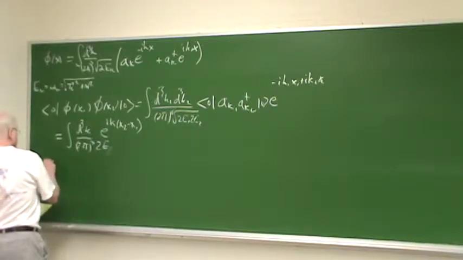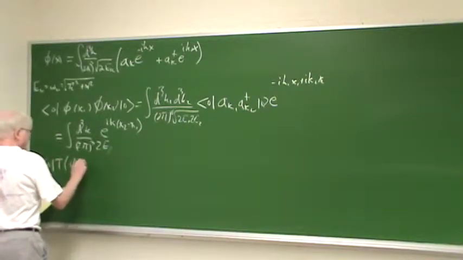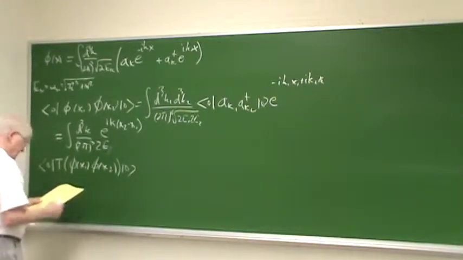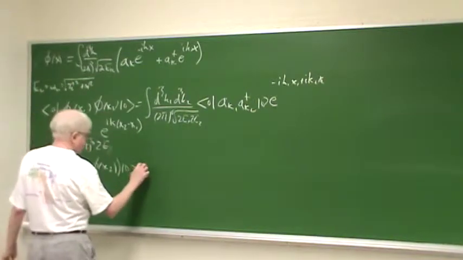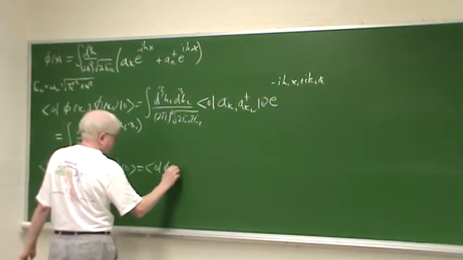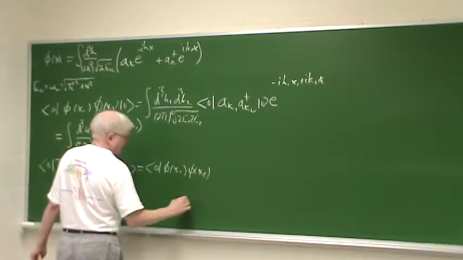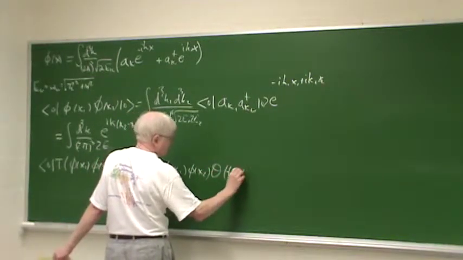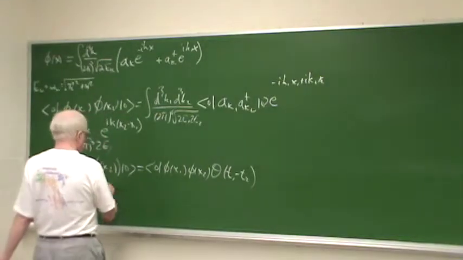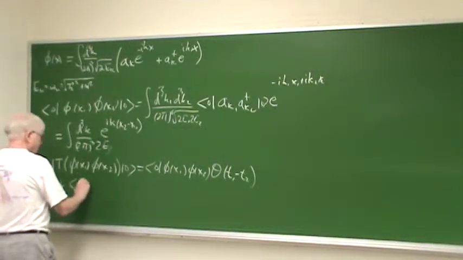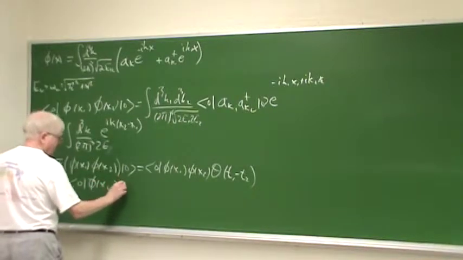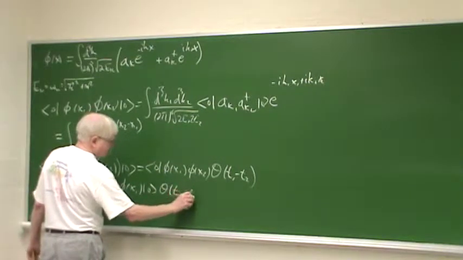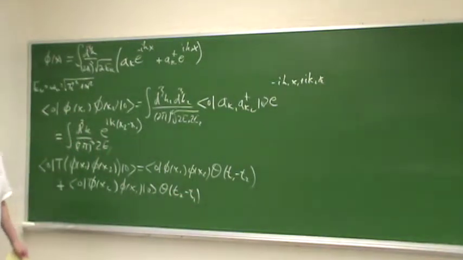And so we're going to be computing the time-ordered product of phi of x1, phi of x2 in the free theory, and that's just this times theta of T1 minus T2 plus the vacuum expectation of phi of x2 phi of x1 theta of T2 minus T1. So that's just what the time-ordered product is.